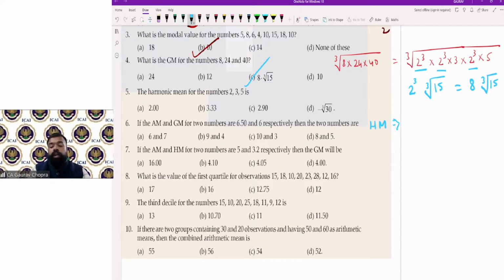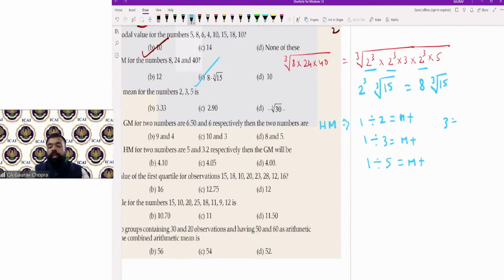So 1 divided by 2 plus 1 divided by 3 plus 1 divided by 5. Then 3 divided by this sum, and you will get the answer. So in this way, you can easily calculate on your calculator.